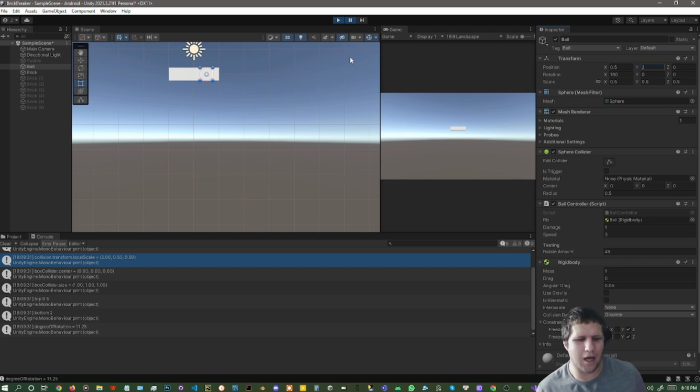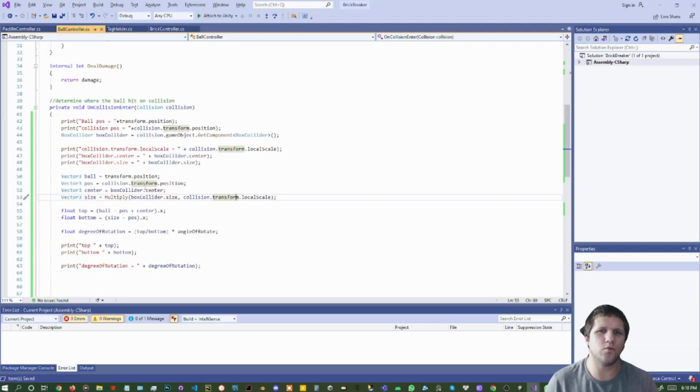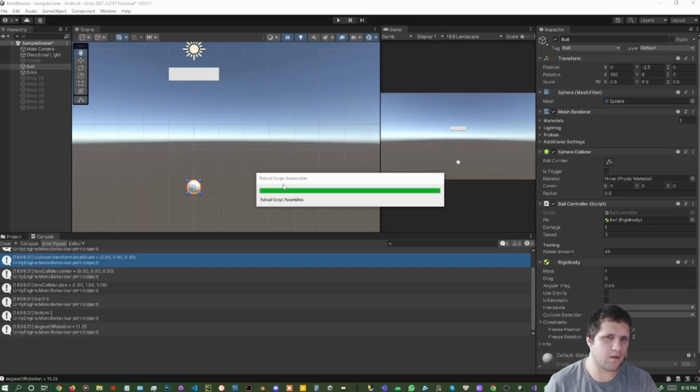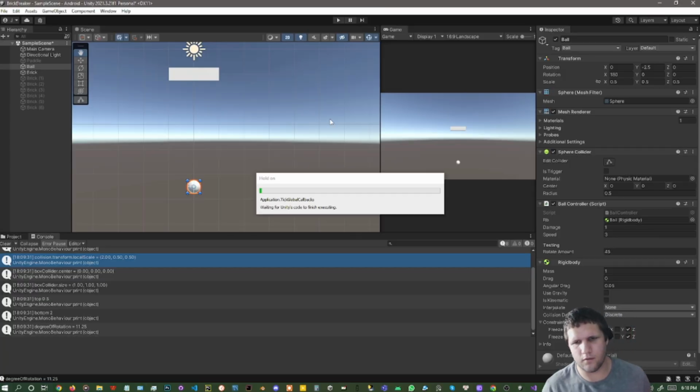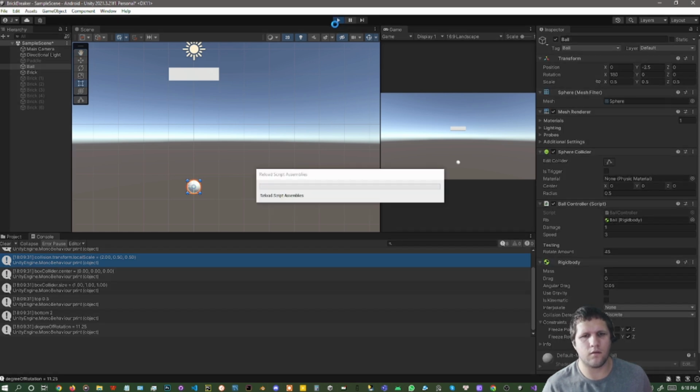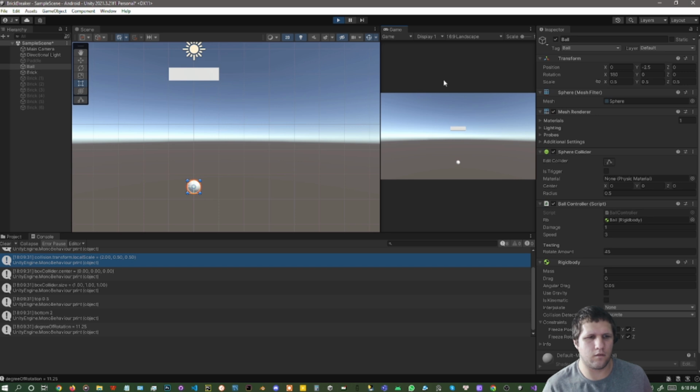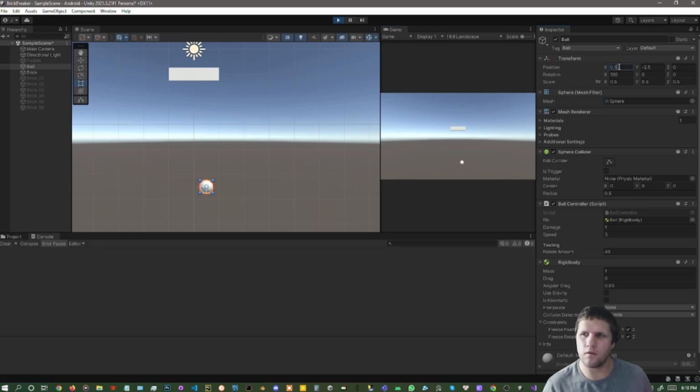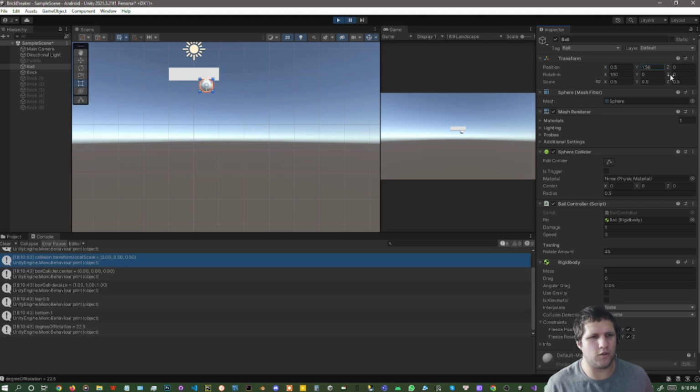Oh, size times scale divided by 2. Let's try that. Okay, we'll play it. We'll move this to 0.5 and we'll slide it up. There we go, 22.5.